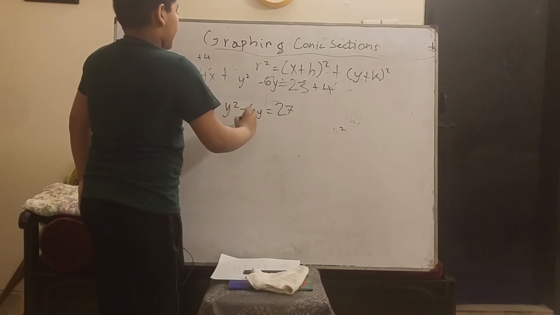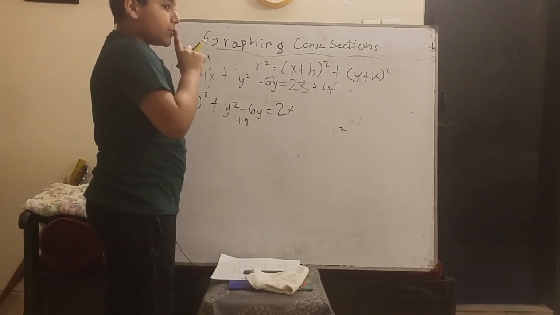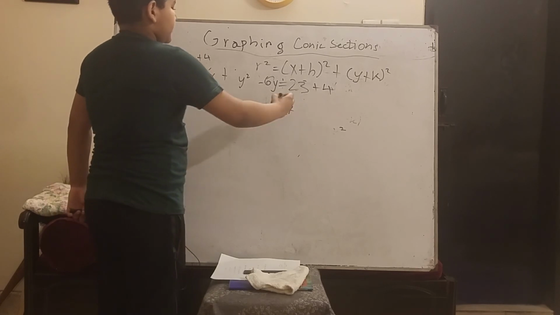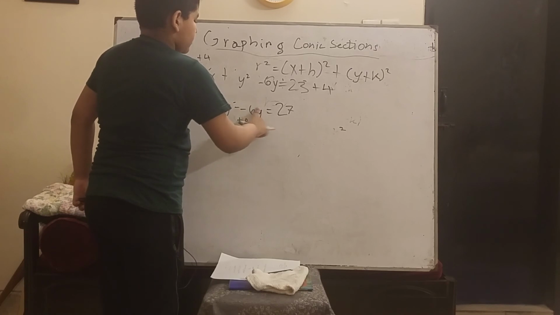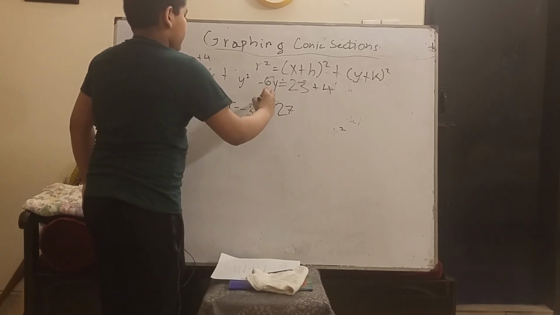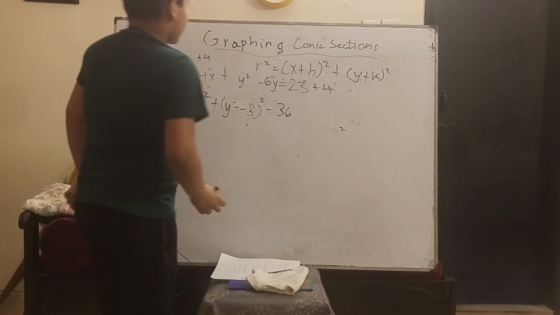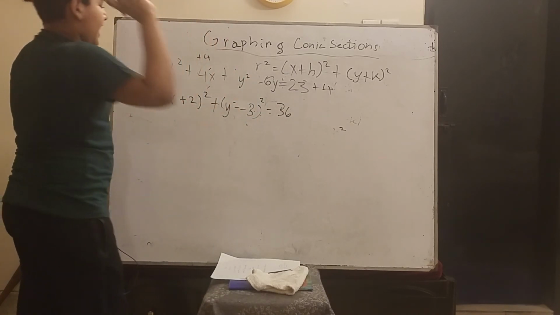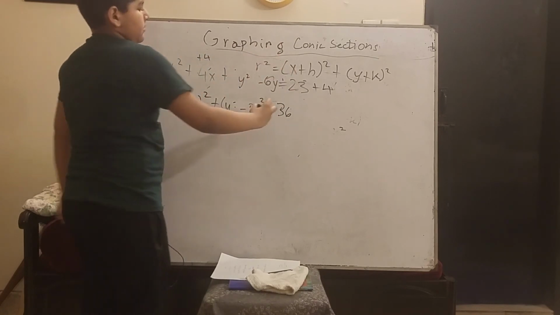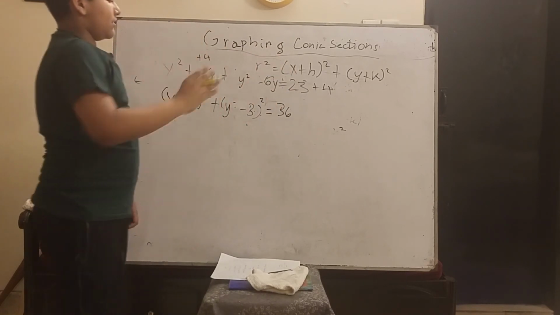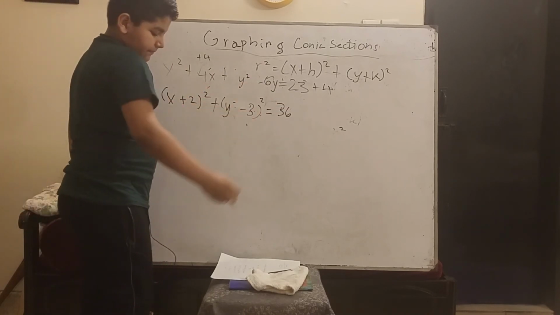If we add 9 to the other side, then we get a perfect square here too. Y minus 3 quantity squared, which here would be 36. And there you have it, the equation. The equation is now solved, and this is in the standard form.